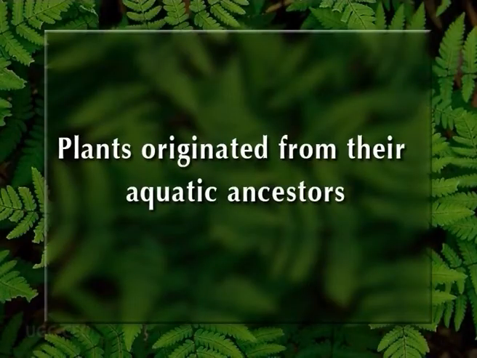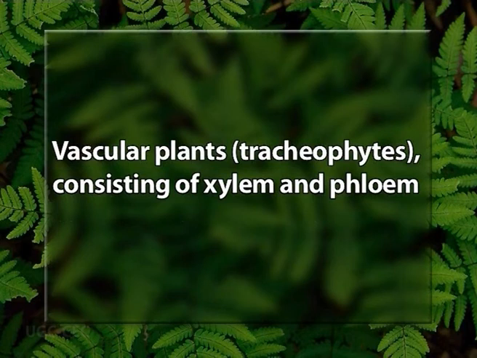As we know, like all other living organisms, plants are also believed to have originated from their aquatic ancestors. In this evolutionary transition from aquatic to terrestrial habitats, a group of plants, commonly known as vascular plants or sometimes Tracheophytes, developed an efficient conducting system which consists of xylem and phloem.